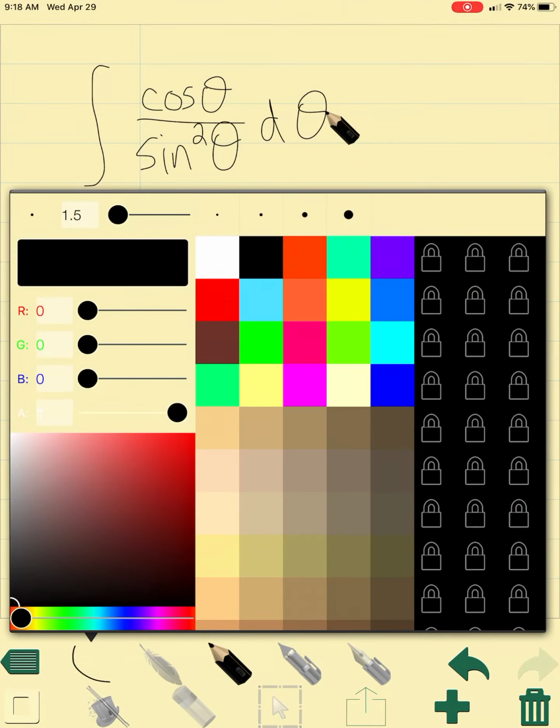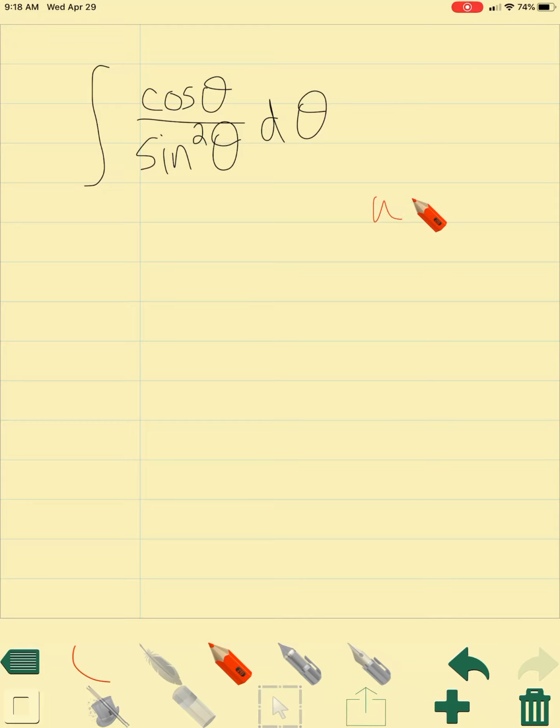Our u substitution here, we're going to make our u in this case. So now we have to think what's the inside part of this. Well, the inside part is really the sine of theta, because it's the sine of theta squared. So I'm going to make my u just equal to the sine of theta.